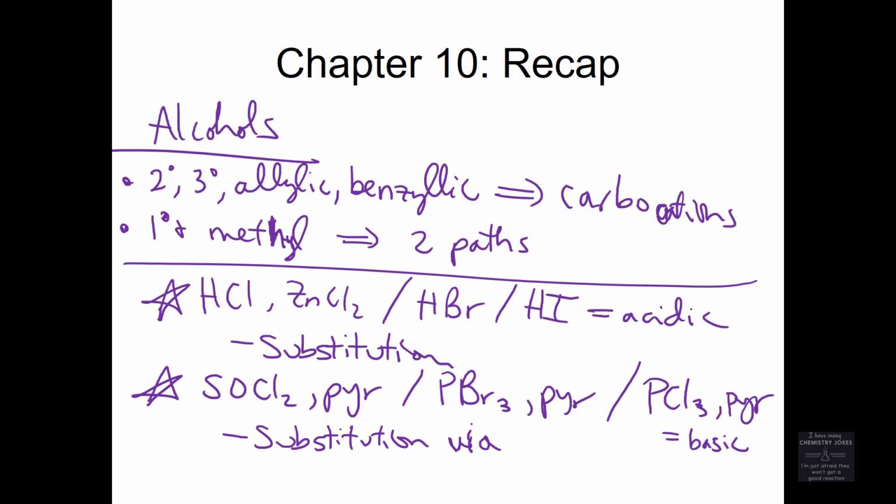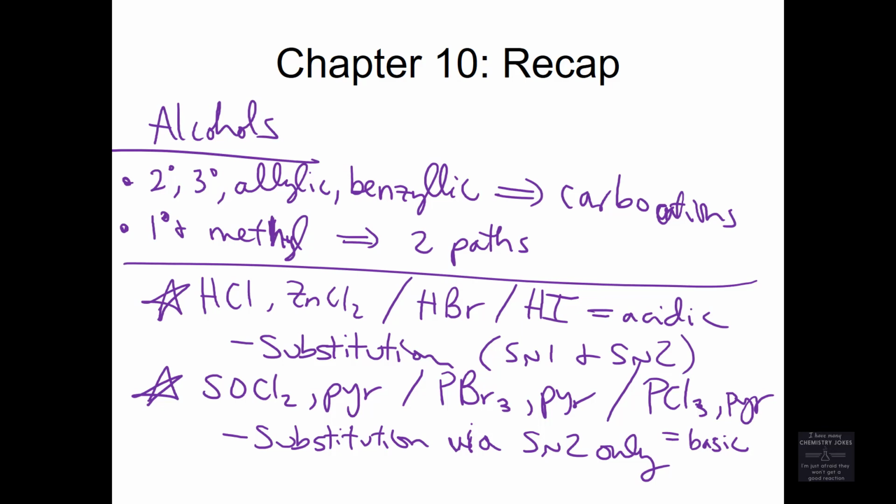The acidic reagents do SN1 and SN2 depending on the substrate you've got. But SOCl2, PBr3, and TsCl do substitution via SN2 only. Acidic versus basic, you change the way that thing works a bit. SOCl2, PBr3, and TsCl do not work on tertiary alcohols. Beware.